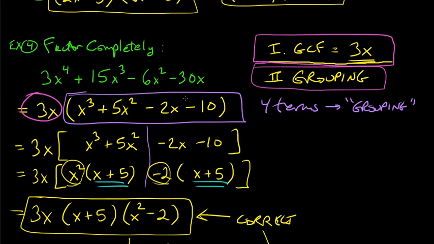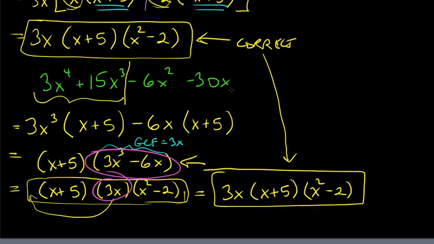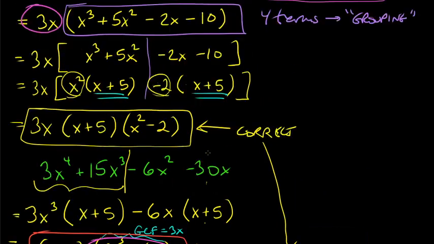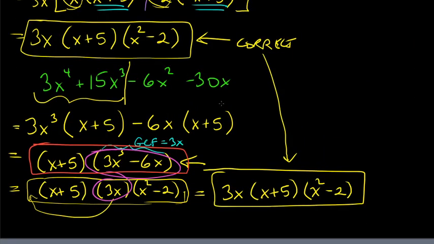It's a much better habit to do it that way than the second way. In particular, if you're not careful, you might leave it like this, and then you'll lose points for not factoring completely. The problem did say factor completely, and we talked about that.